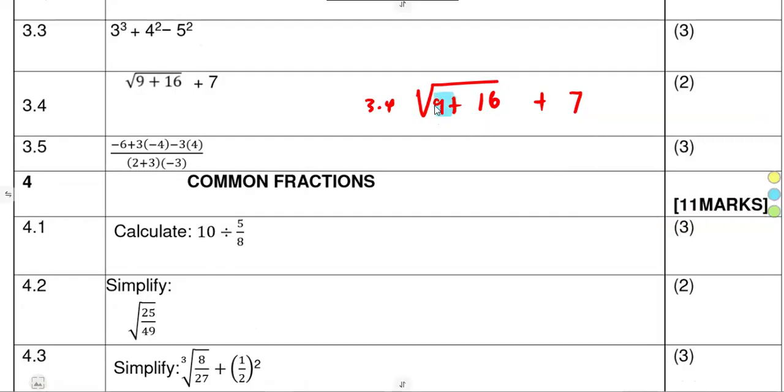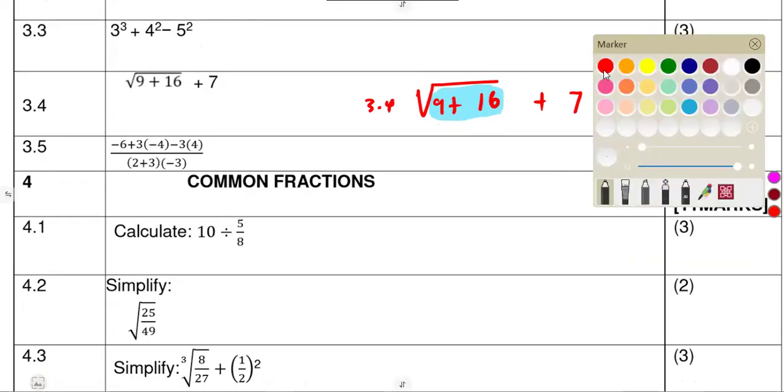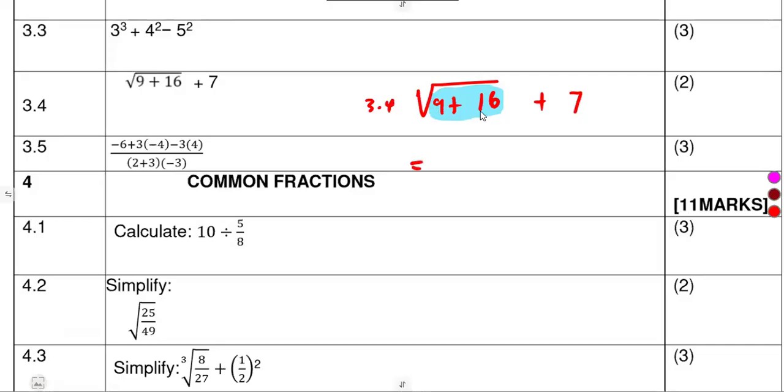This is the only part that is under the square root. 9 and 16, so add those numbers together. 9 plus 16 is 25. Plus a 7. What is the square root of 25? 5 times 5 gives us 25. So that is 5. Plus a 7. So you can add 5 plus 7, which is 12. Just like that.